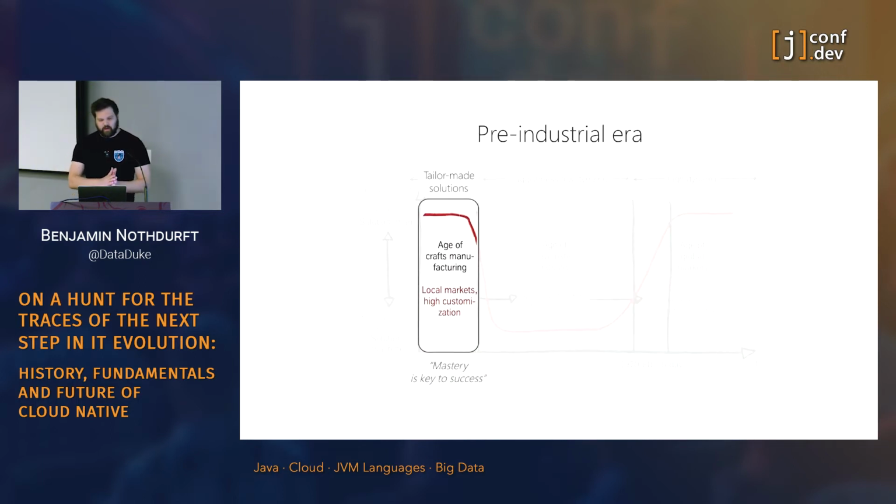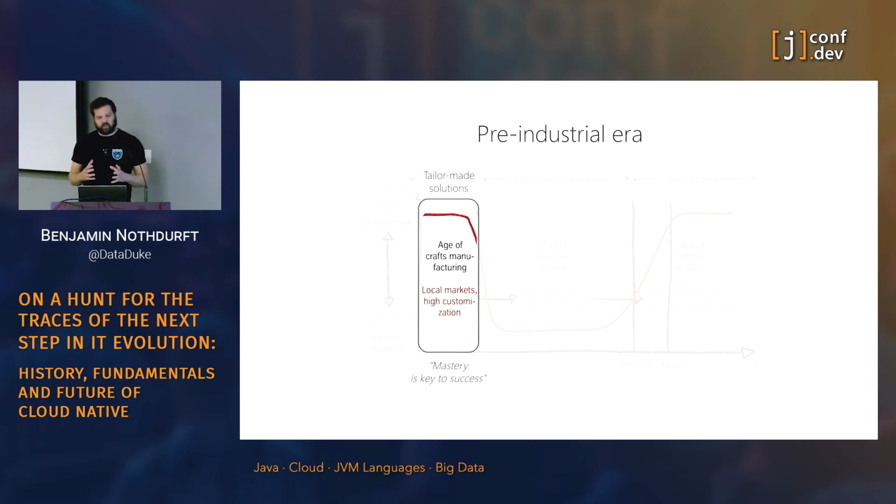So, what are the drivers from the industry side? When we look at how the markets evolved, we see that there was a pre-industrial era, and in the early 90s, the key to success for any company to survive was mastering the art of craftsmanship.